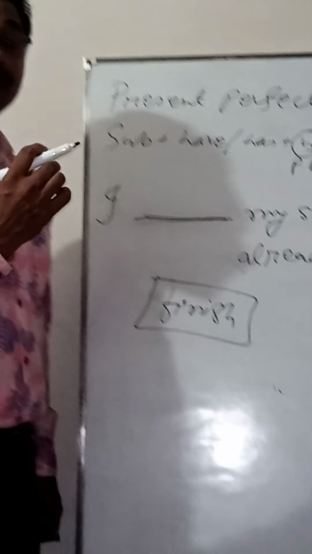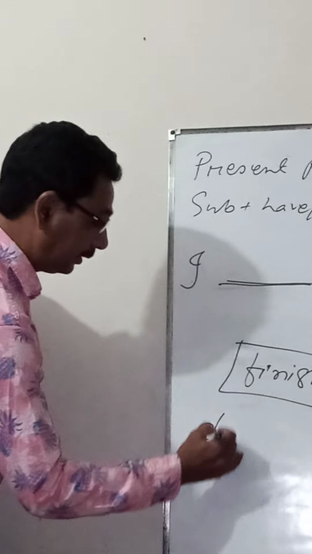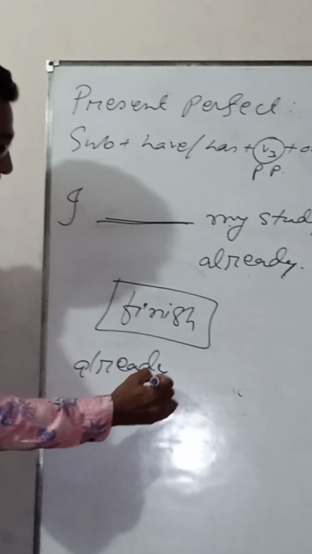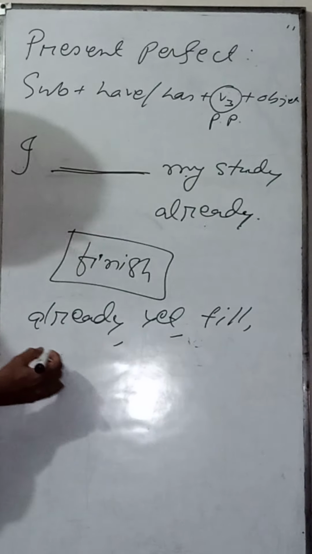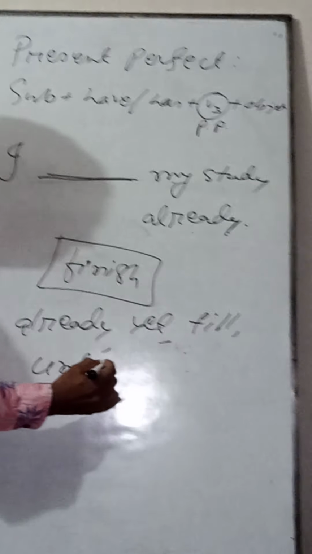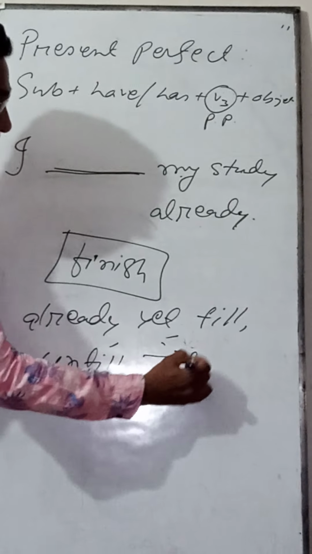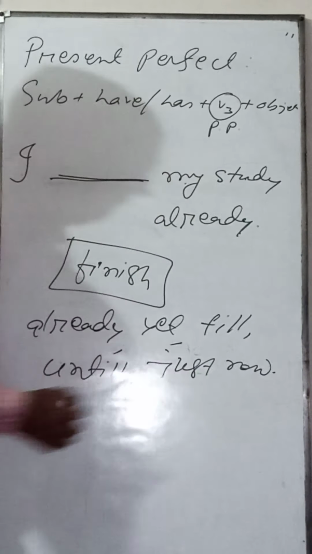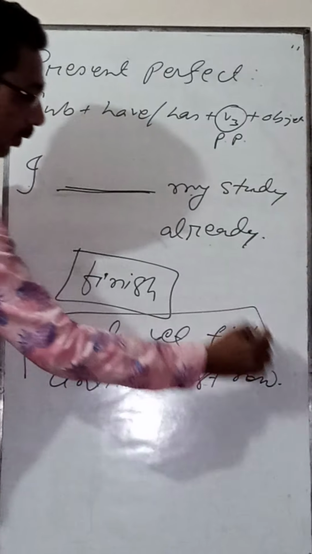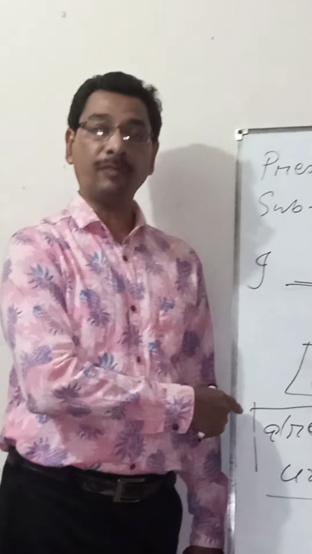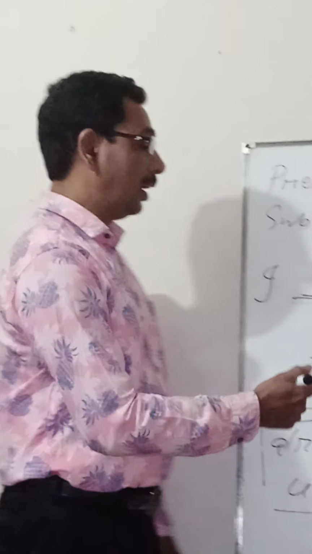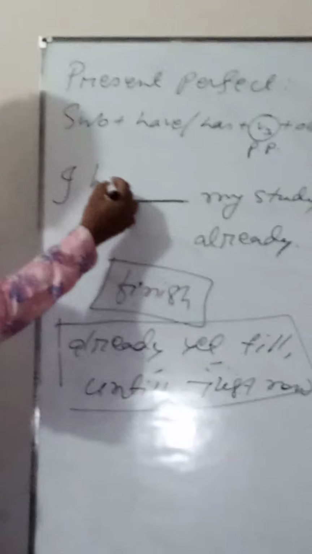If you find the words already, yet, till, until, just now, if you find these words in a sentence, it will go under present perfect tense. And we have to write down here, I have finished.